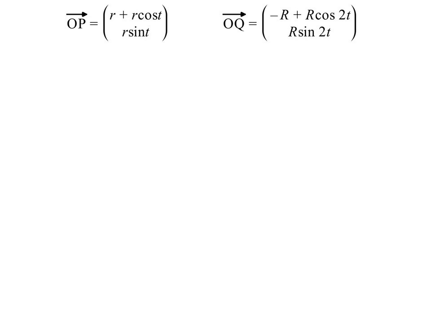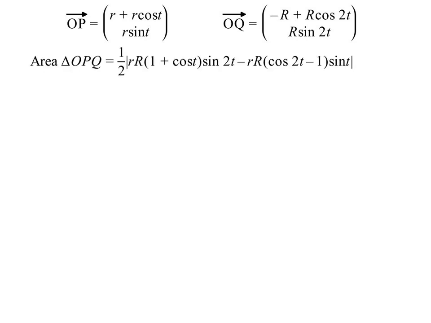On the left hand circle, we've shifted it the other way, capital R, so I'll get minus capital R plus capital R cos 2t for the x value, and the y value will be capital R sine 2t. There's my two vectors. We just found a formula for the area of the triangle. So I'll just substitute that information in, and we have this expression.